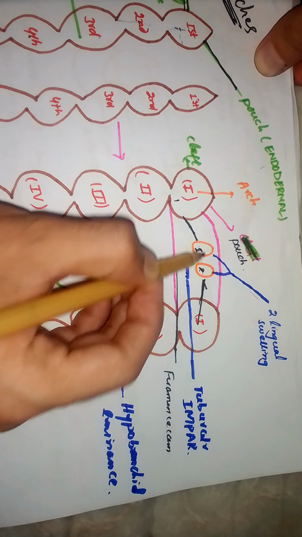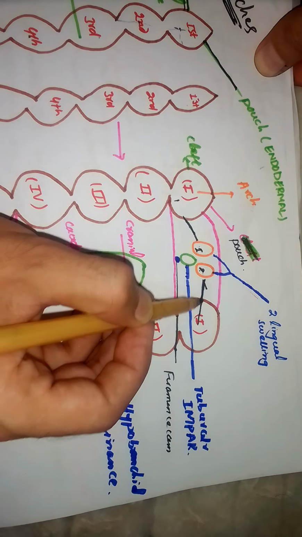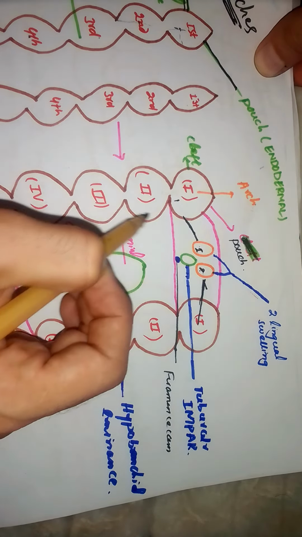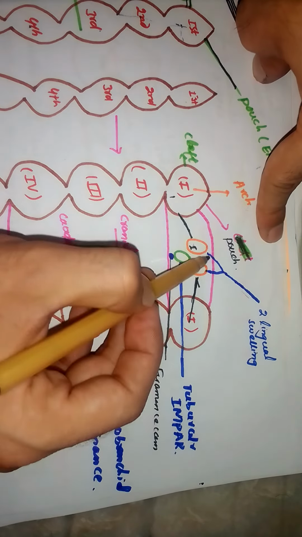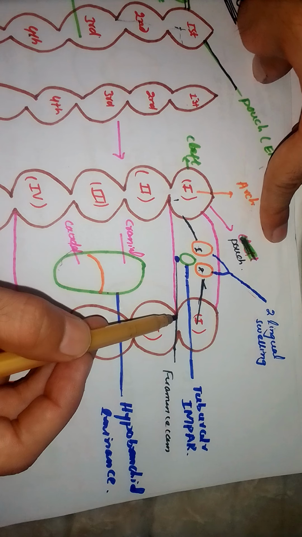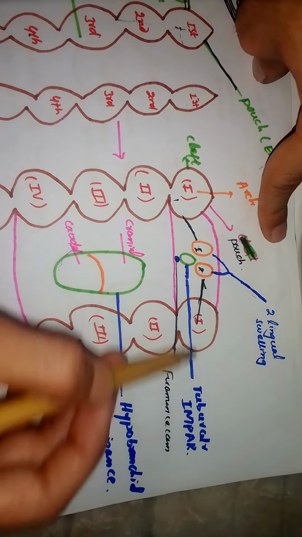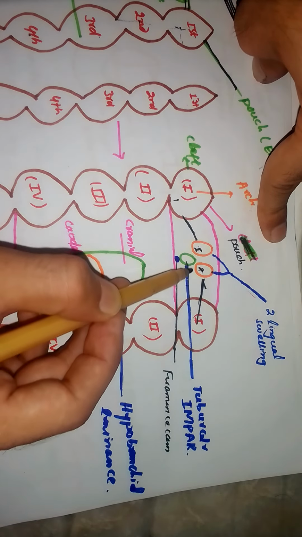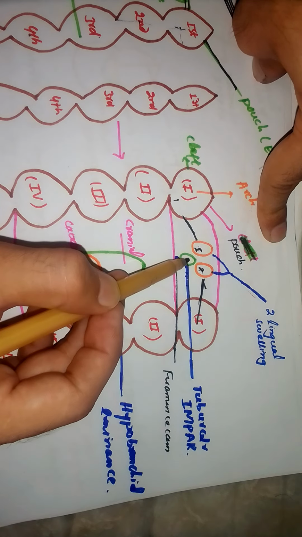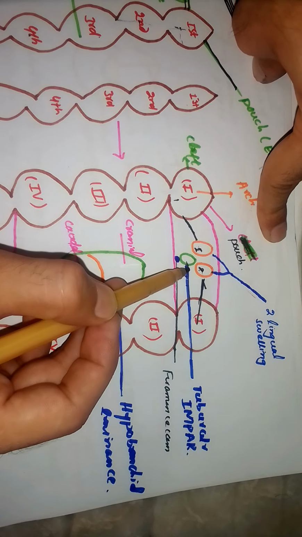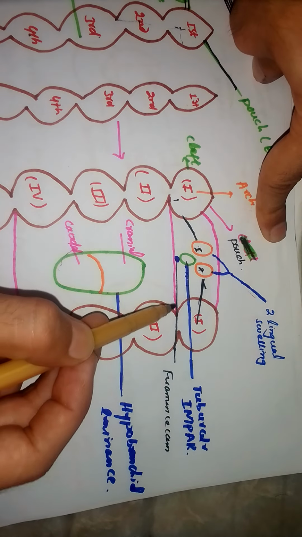These 2 lingual swellings are produced by the first pharyngeal arch. It also produces another structure called the tuberculum impar.